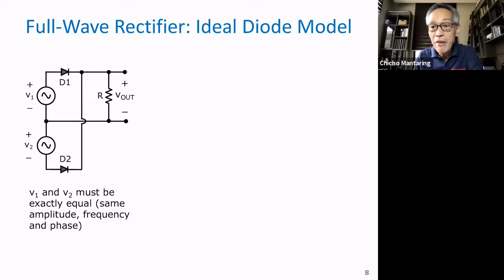You're going to study that later on when you study AC circuits. But exactly the same phase just means they rise and fall together. One does not lead the other. In other words, when V1 is at 0, V2 is also at 0. When V1 reaches its peak, V2 also reaches its peak. So they move together. That's what you mean by exactly the same phase.